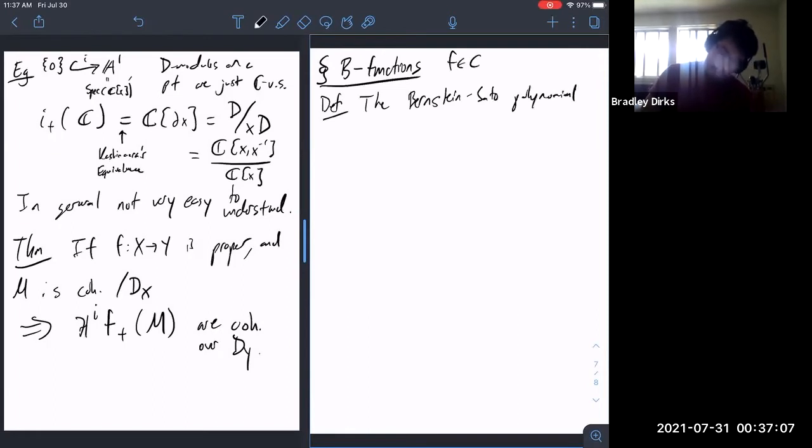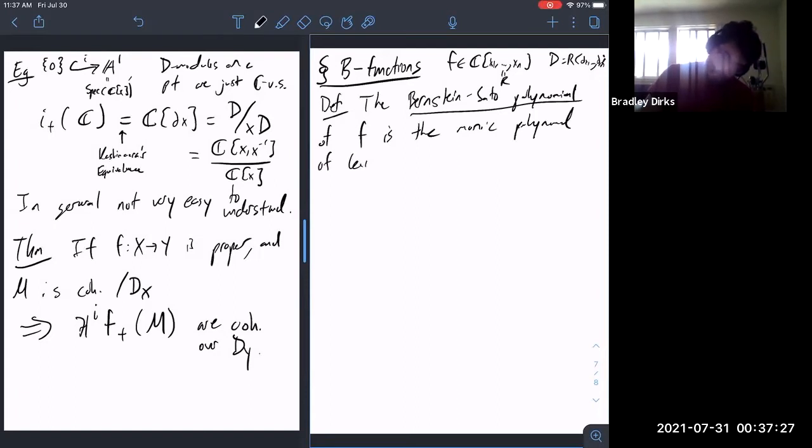So we have f, that's a polynomial here, and D is R adjoin differential operators. The Bernstein-Sato polynomial of f is the monic polynomial of least degree satisfying this relation. So we're working inside of that module NF.